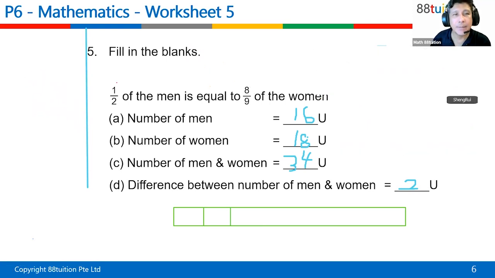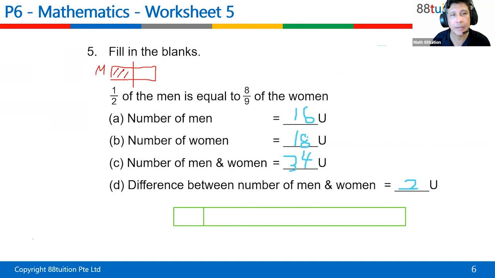Okay, for example, if I'm talking about half of the man, so basically if I'm drawing a model to show the man, what I'm doing is I'm saying this is the half. It is supposed to match with 8/9 of the women. So actually, I think you all have the transparent thing in there already.